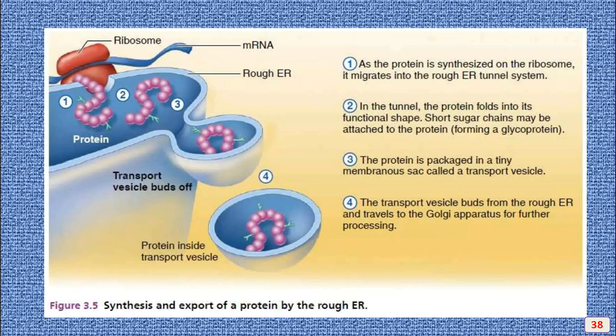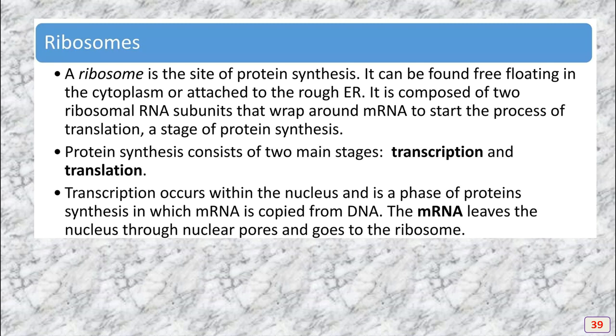Here you can see the protein inside transport vesicles, so it is protected and cannot be destroyed so fast. The transport vesicles bud from the rough endoplasmic reticulum and travel to the Golgi apparatus for further processing. This is a continuous process.